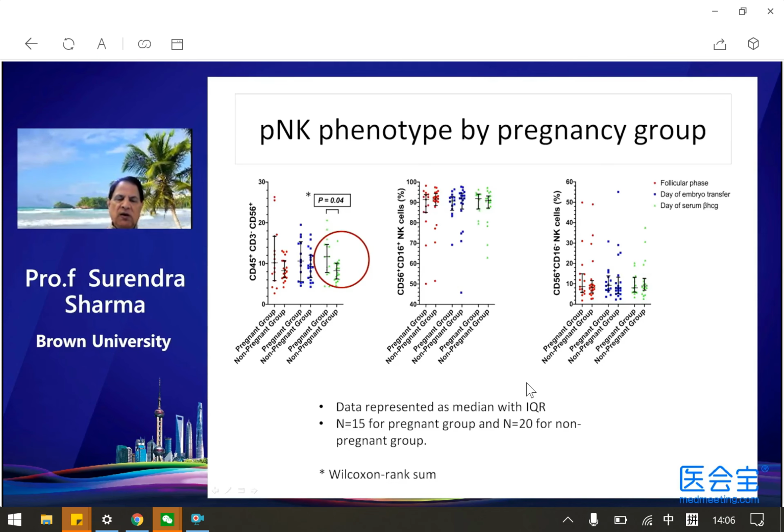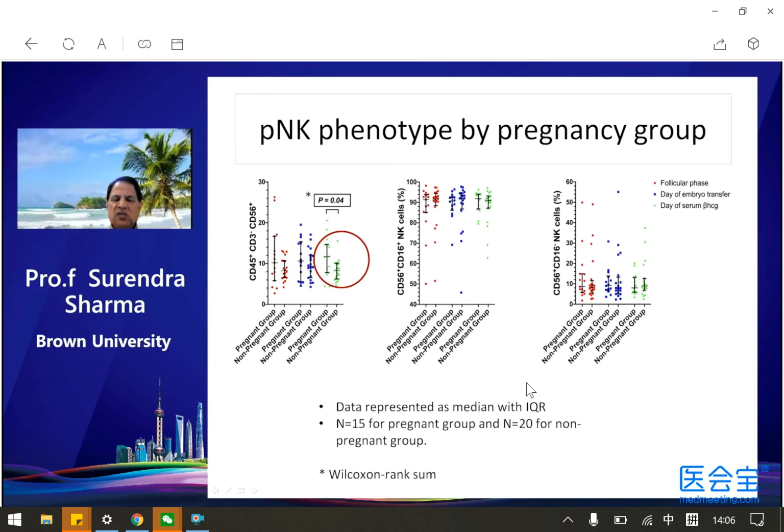However, we saw a high number of CD56 positive NK cells in the pregnant group at the time of beta HCG detection compared to the non-pregnant group. This suggests that the NK cell number does increase in pregnant women, and I'll show you later that these NK cells in the pregnant group are non-cytotoxic in their functional phenotype compared to NK cells from non-pregnant women.